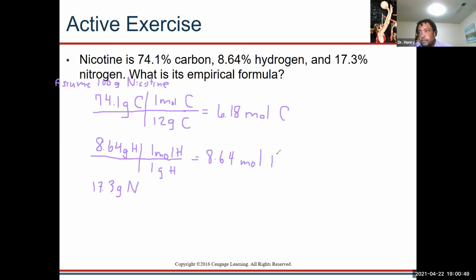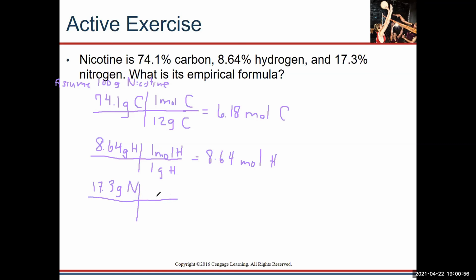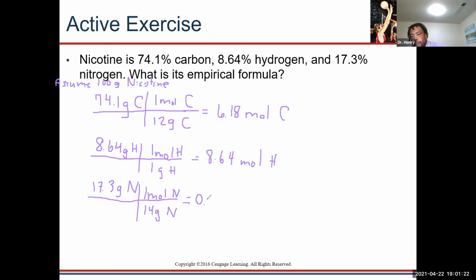And then nitrogen: 1 mole over 14. It equals 1.24 moles of nitrogen.